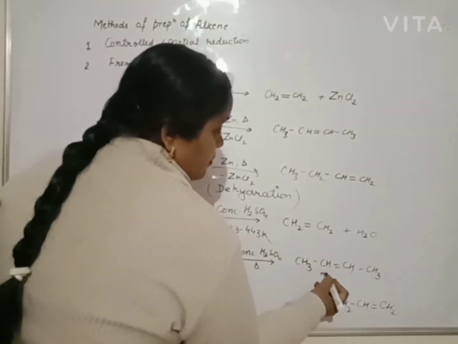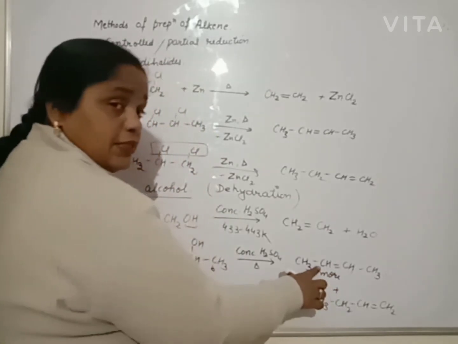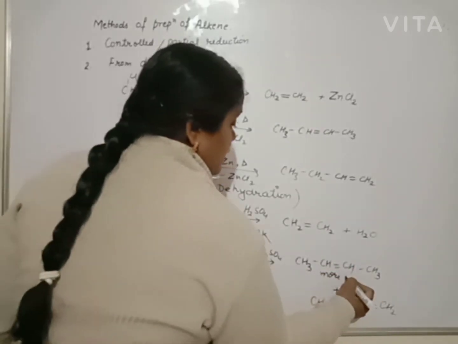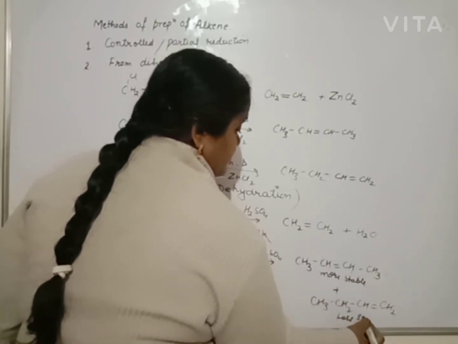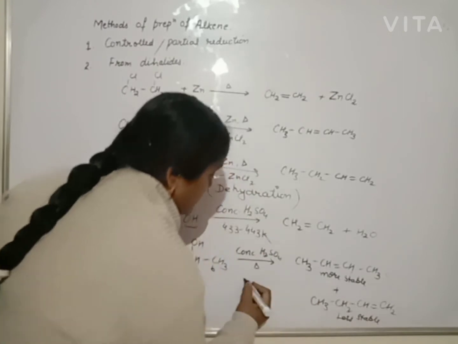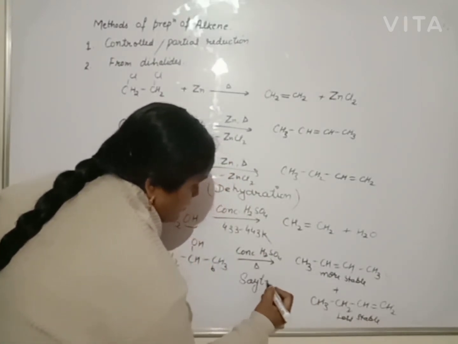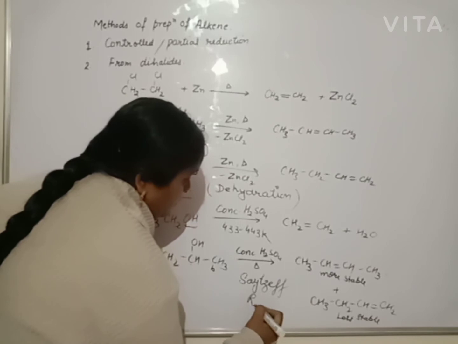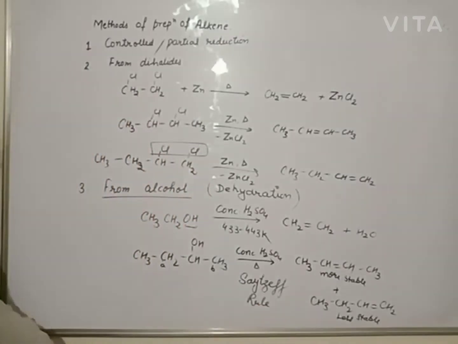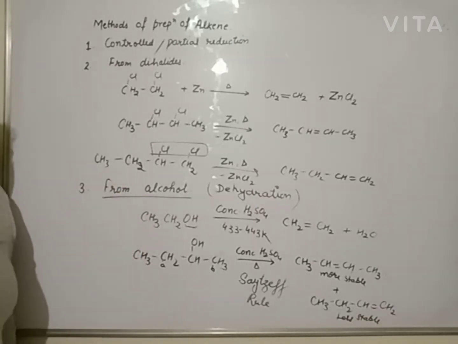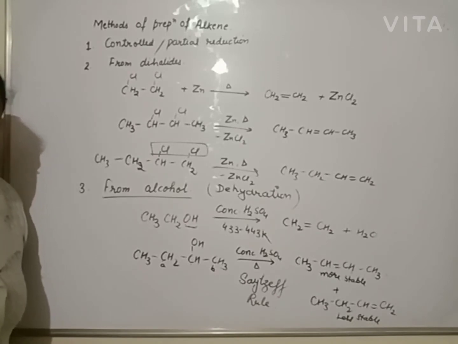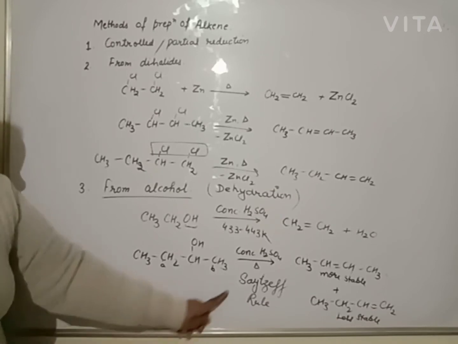It is more stable because it is symmetrical or highly substituted; the other is less stable. This rule is known as Saytzeff rule.